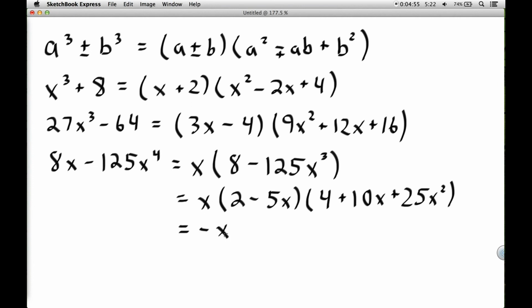So we actually have negative x now. Negative x. And now 2 minus 5x changes to 5x minus 2. And then over here, we're just going to rearrange the terms. Okay, that would be the final simplified form.